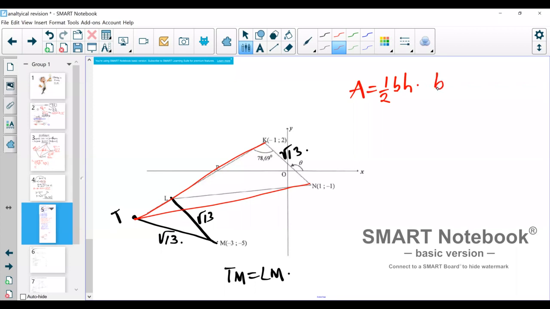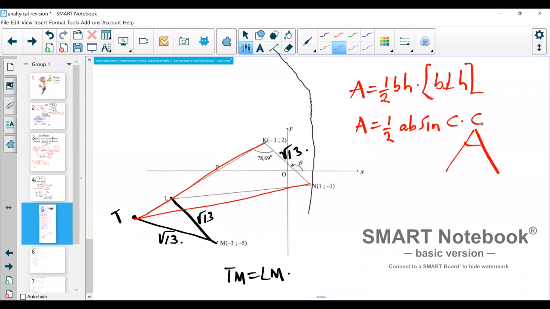Mind you, base and height are perpendicular to each other. All right. Or half AB sine C, where C is in between A and B. I have C there, I have A there, and I have B there. Somebody's trying to write. Please just type. Okay. So those are the two area formulas that we would use.